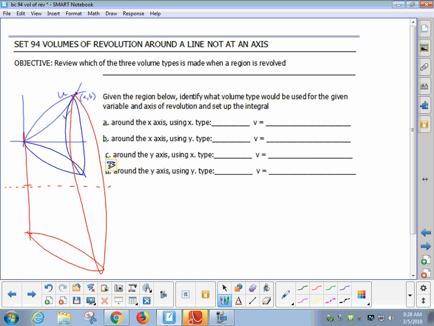Now, depending on whether this line is above or below, things can start to get fairly complicated. If you just remember a few basic principles, you'll be very solid. First of all, volumes should be positive. If you don't get a volume that's positive, do something about it. And when I say do something about it, I don't just mean get out the eraser and erase the negative. I mean actually figure out what's going on.